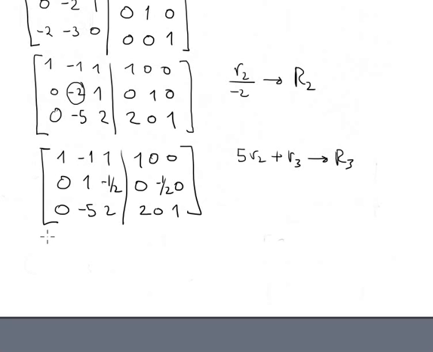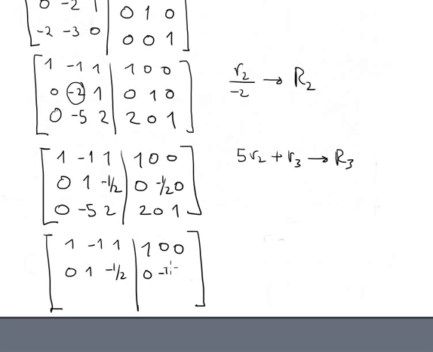Entonces is 1, negative 1, 1, 1, 0, 0, 0, 1, negative 1 half, 0, negative 1 half, 0, and it's changed, of course. This is 0, 0, negative 1 half, 2, negative 5 over 2, and 1.